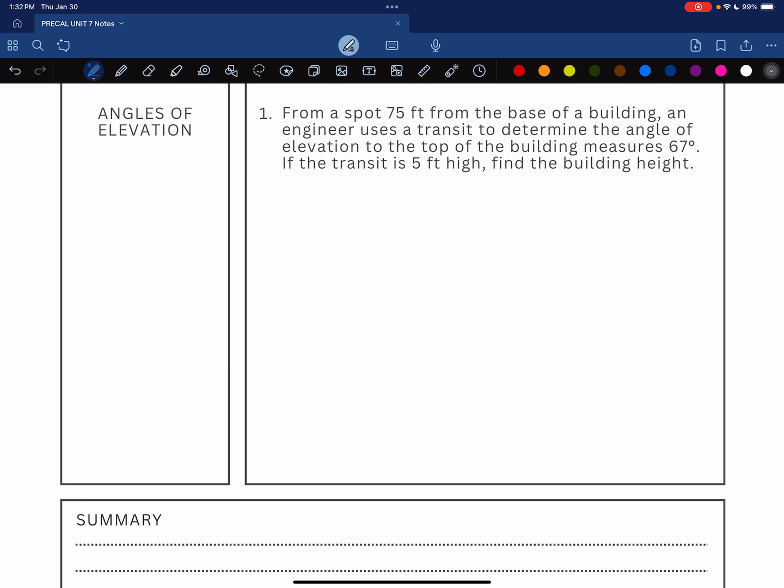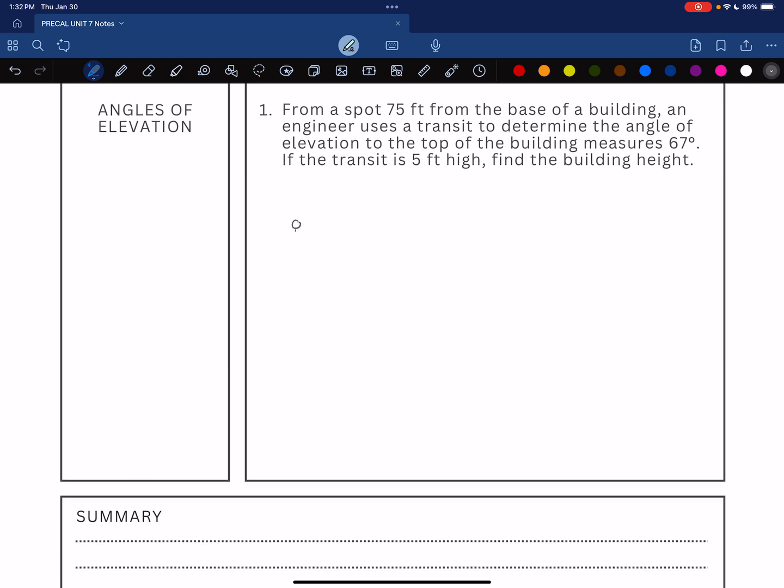So we've got a little person. Here he is, standing on the ground, and there's a building. And he's standing 75 feet from the base of that building. So this distance there is 75 feet.